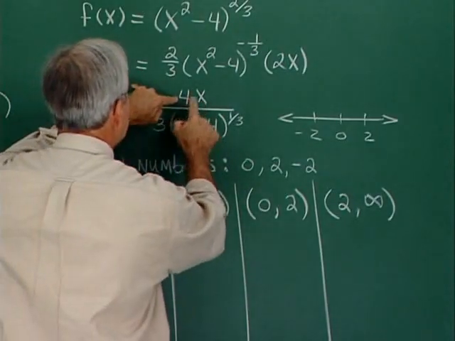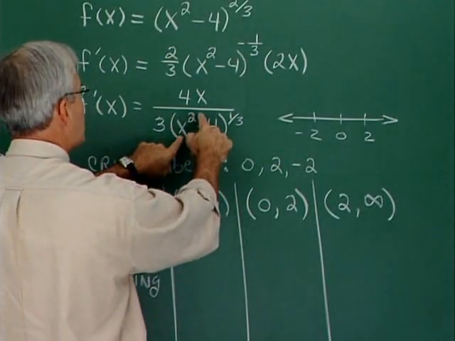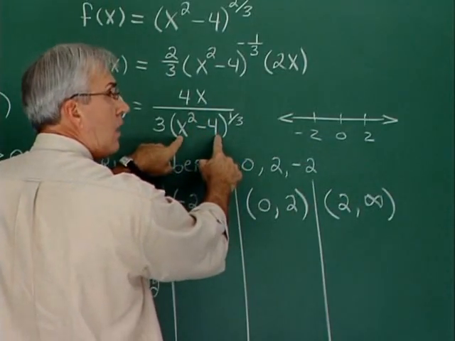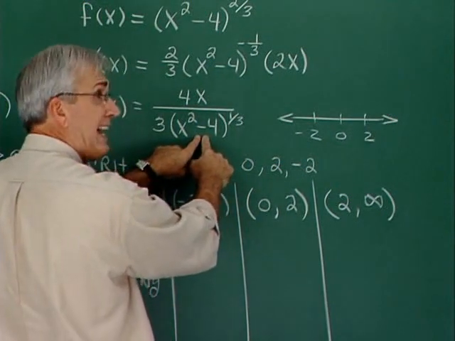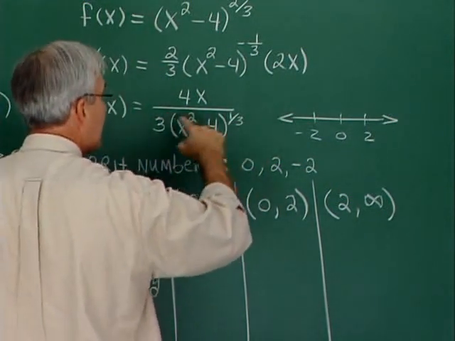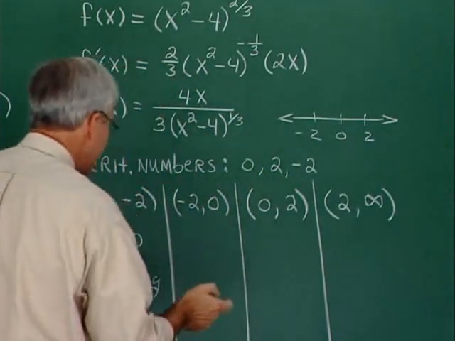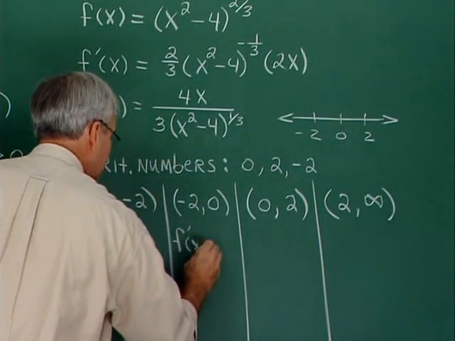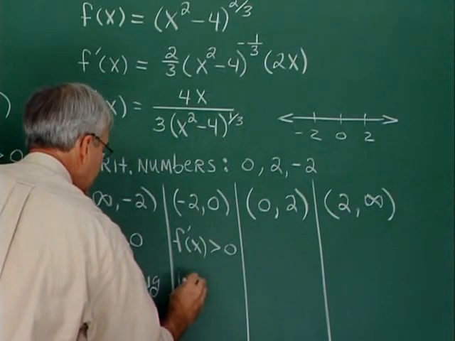So -1 times 4, that makes this negative. -1 squared is 1. 1 minus 4 is -3. The cube root of -3 would be negative. Negative times 3 is negative. The denominator is also negative. So negative divided by negative is positive. The derivative function then is positive. And therefore, the graph is increasing.